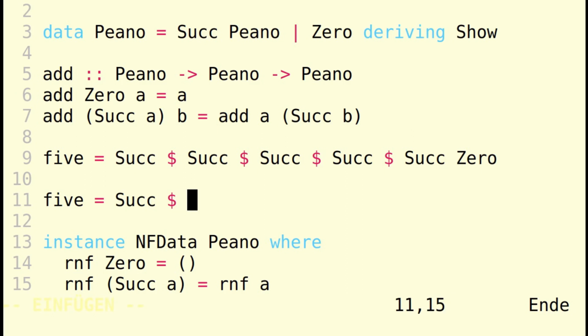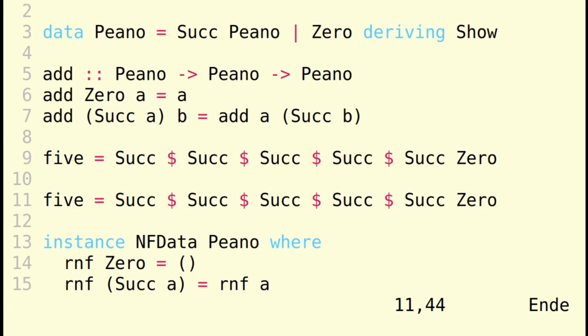So we do the recursive call and evaluate the next constructor. And after that, we evaluate every constructor recursively until we end up with Zero in this case, where we return the empty tuple. And then we have fully evaluated this data structure.